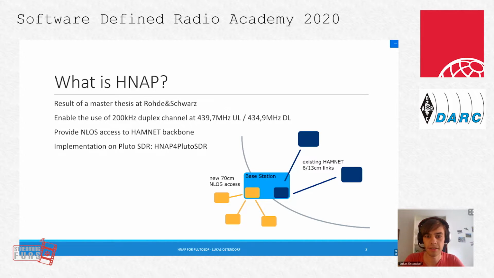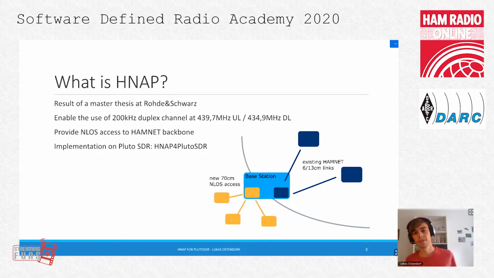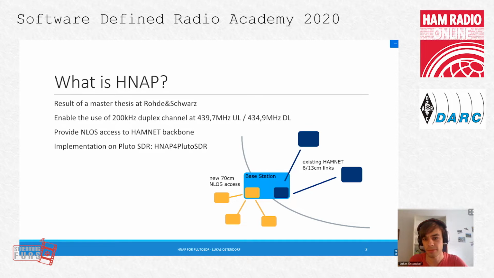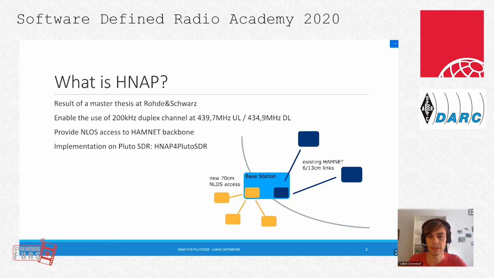Also, non-line of sight access could be provided. So the idea is, as you can see on the right side, we develop a new protocol and a new base station, which will provide access via the 70 centimeter band. And this is just the first hop to get into the existing HAMNET backbone.